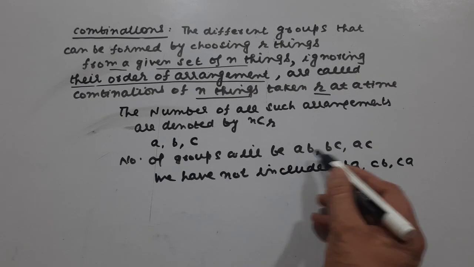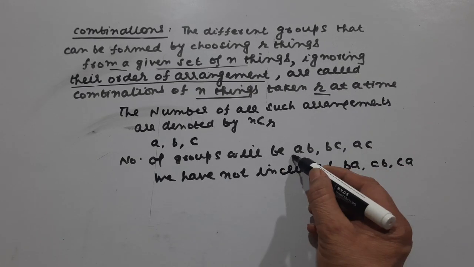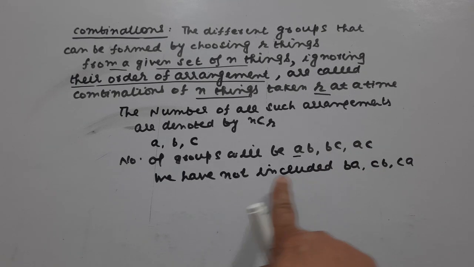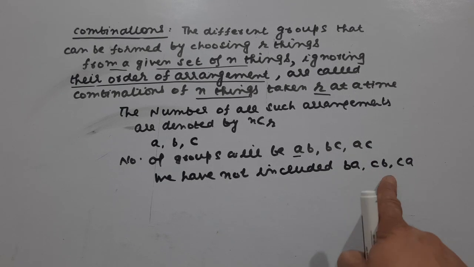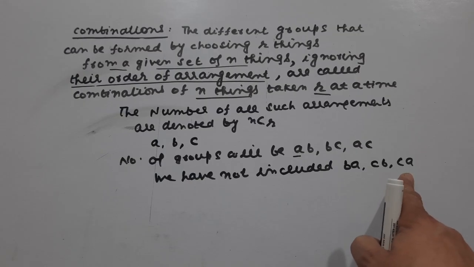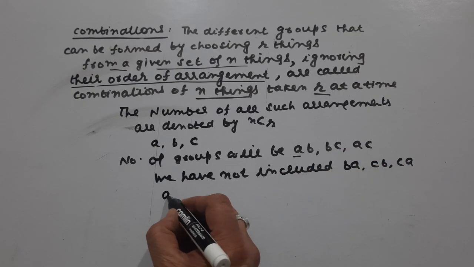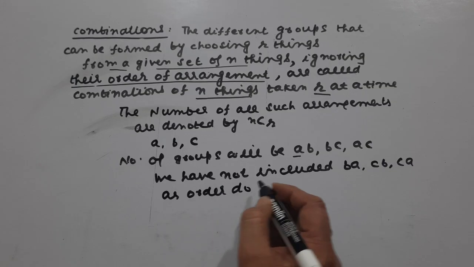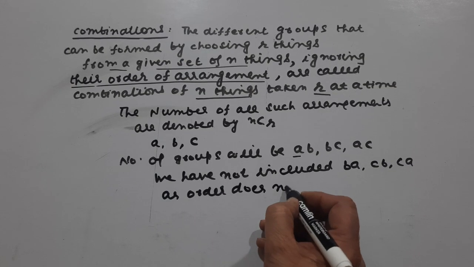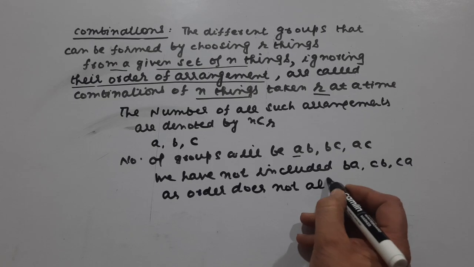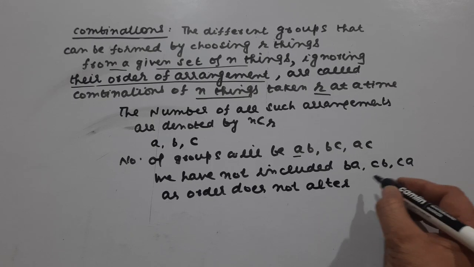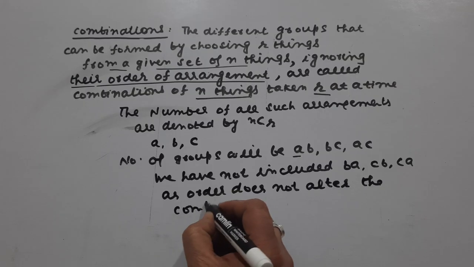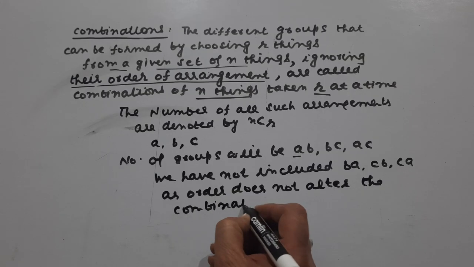So AB, BC and AC are the possible groups, and we will not include BA, CB and CA, as order does not alter the combination.